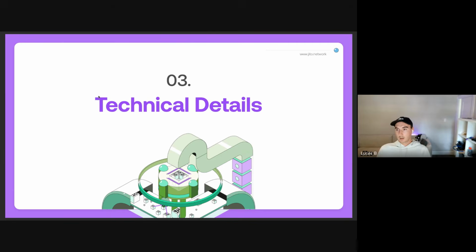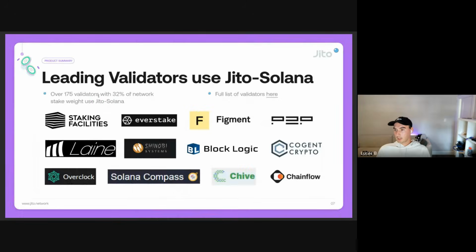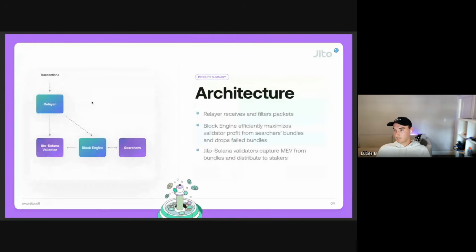So let me go back a few slides because I think this will help. Essentially, the transactions hit the relayer, there's a small delay, and then the relayer will automatically forward it to the validator. So the relayer isn't forwarding every packet to the block engine, and the block engine is forwarding it to the validator.